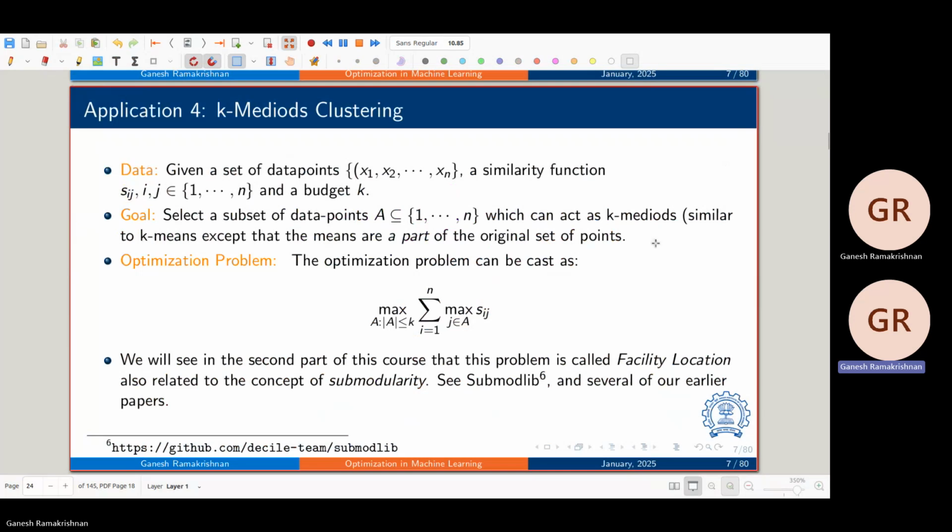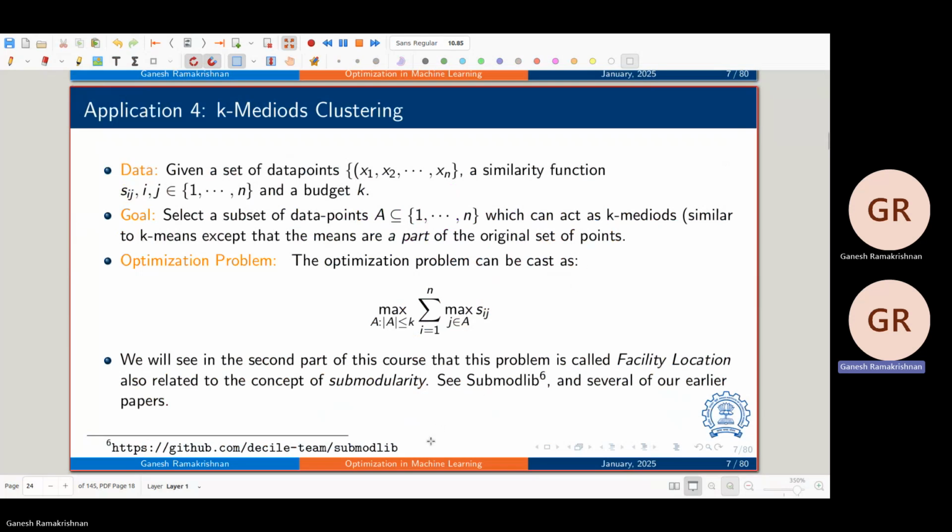Okay. We will see later on that this is called a facility location problem, and again, there's a submodular function. So you can go to the submodlib library, and you'll see all three classes of functions, which are representation based functions, diversity based functions, and coverage based functions. There are three classes of functions.